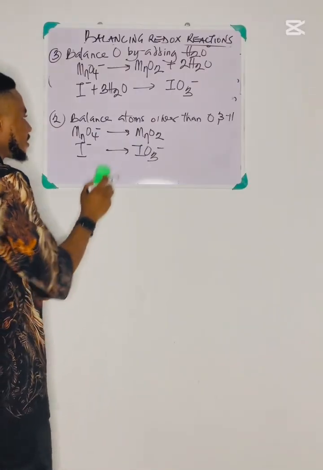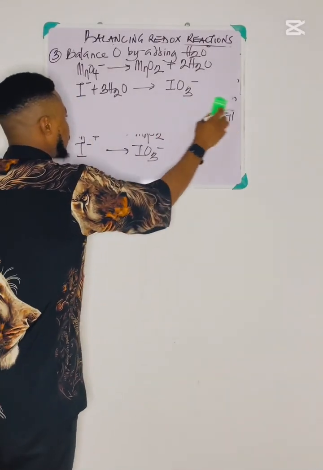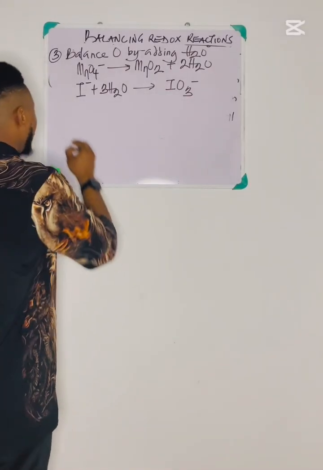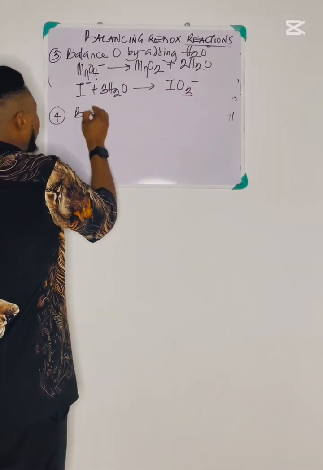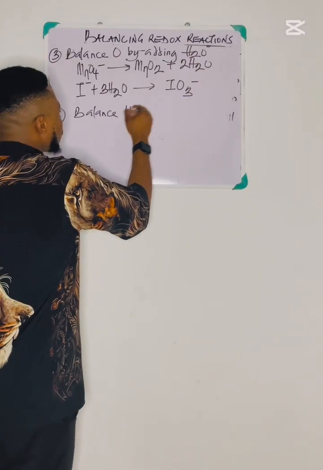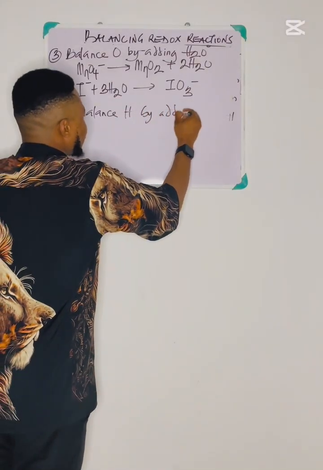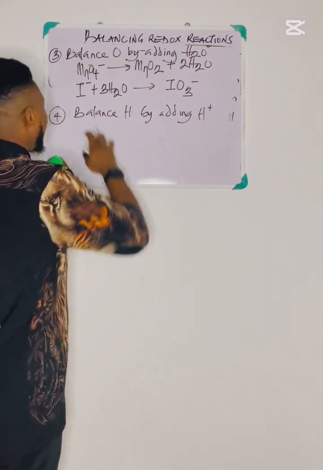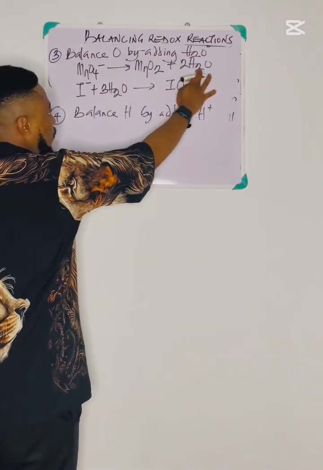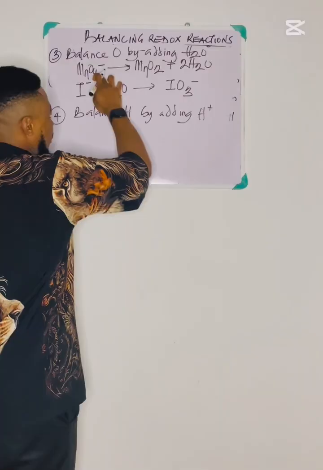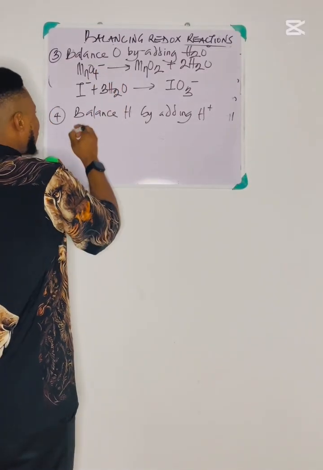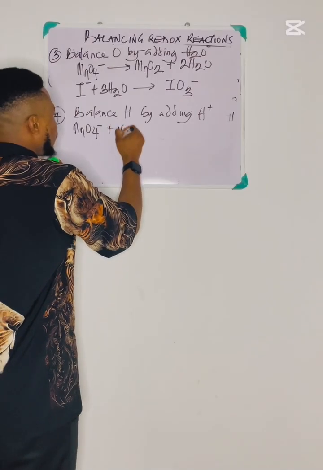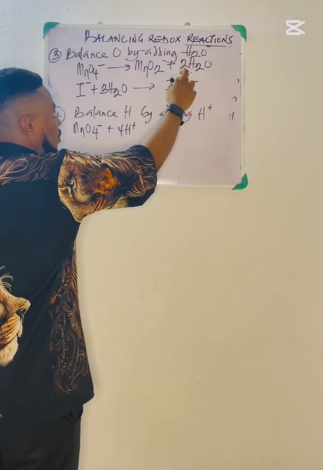The next step is to balance hydrogen by adding hydrogen ion. So the next step is to balance H by adding H plus. Don't forget that we are adding to the side that is lacking. If you look at this first reaction, hydrogen is 4 here and there's no hydrogen here. So we have to add H plus on this side. This will be 4H plus because hydrogen is 4 here.